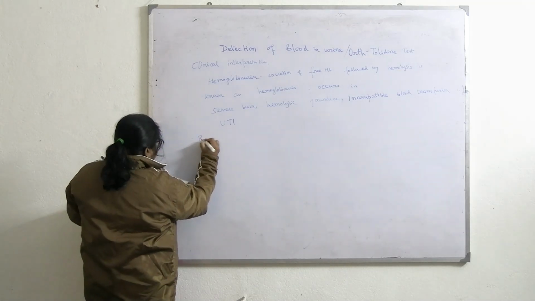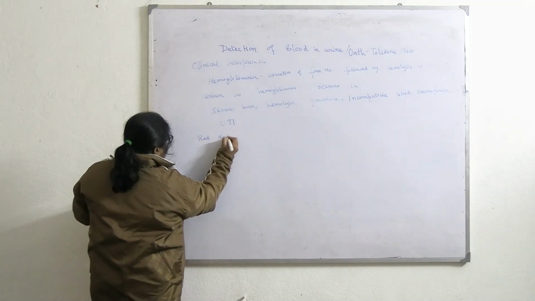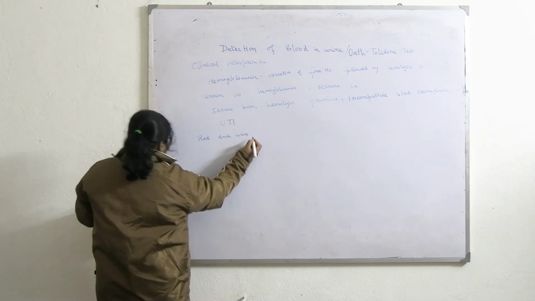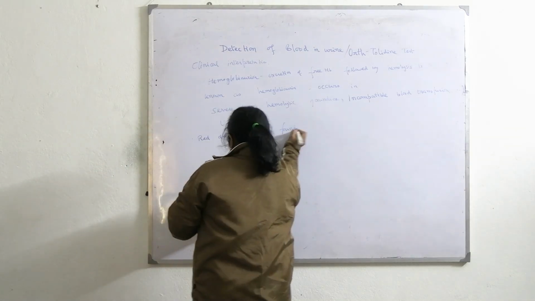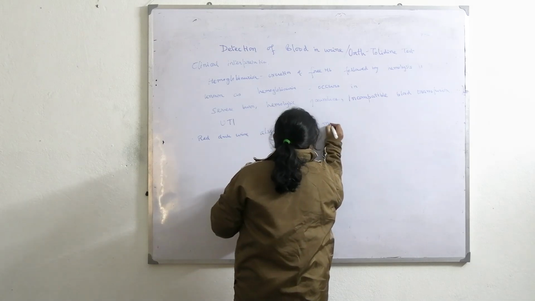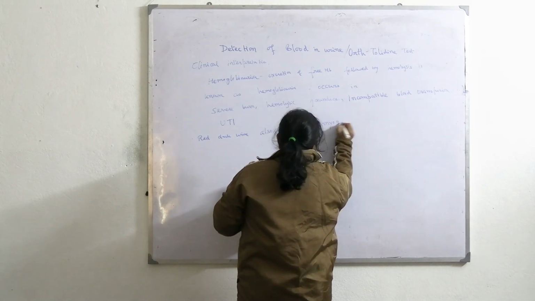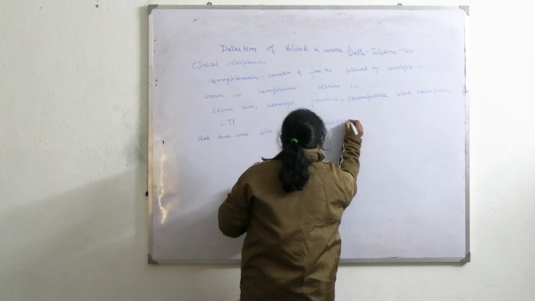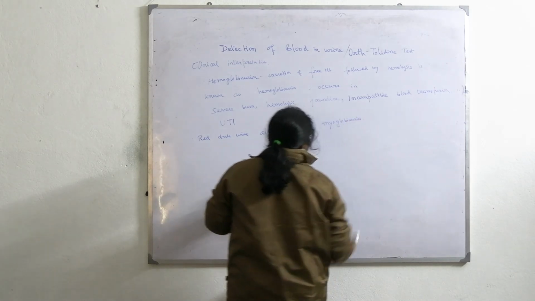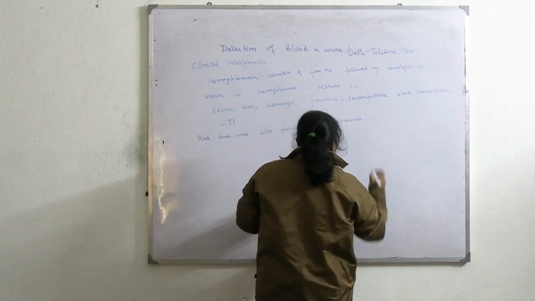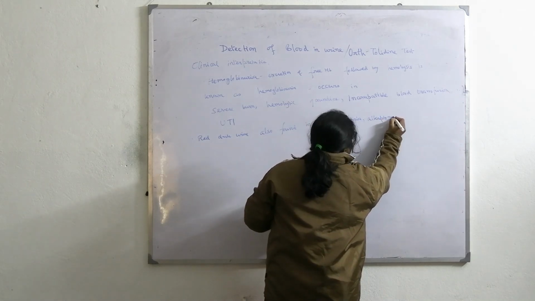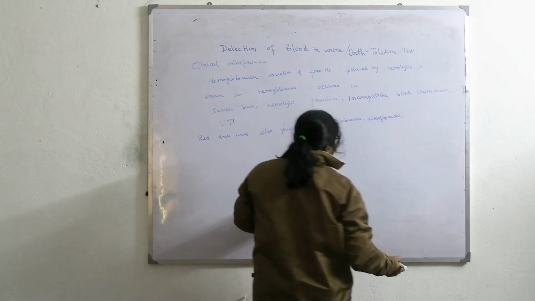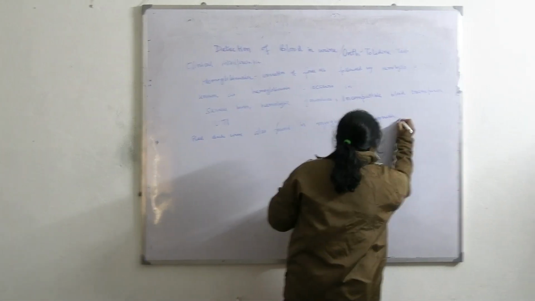Another term, red dark urine. Also found in myoglobinuria. Myoglobinuria means myoglobin is released in urine. Alkaptonuria, porphyria.